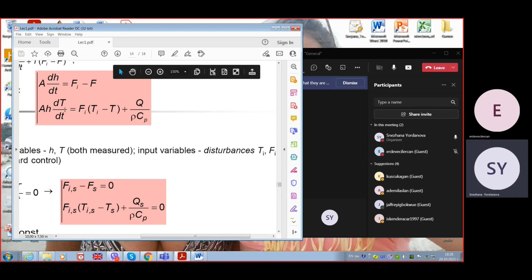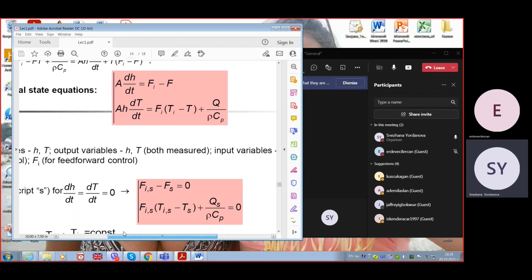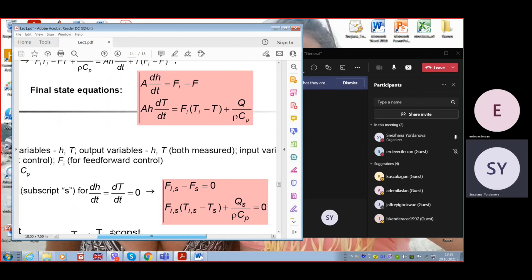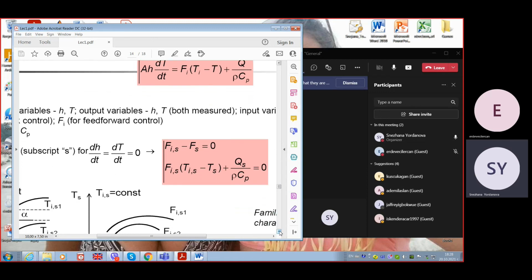So these derivatives will be zero, and the steady state model contains only algebraic equations. So they are complicated, and we can obtain on their basis the steady state characteristics.